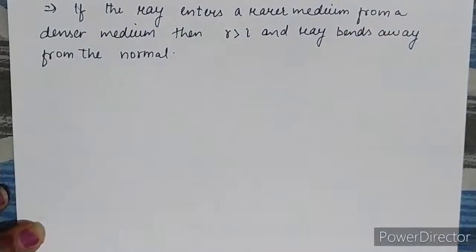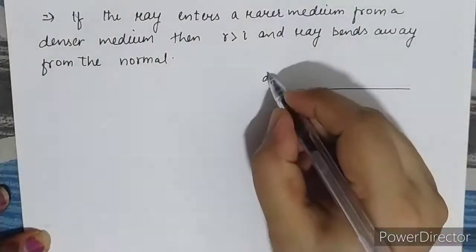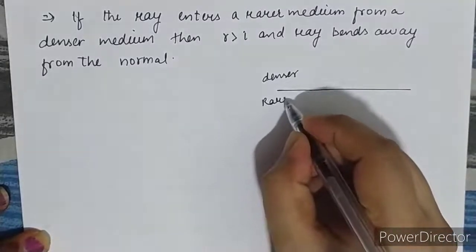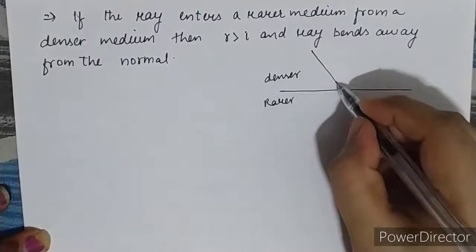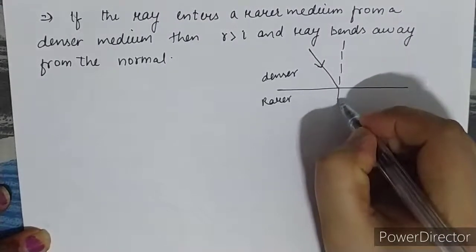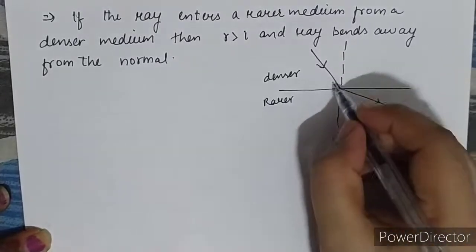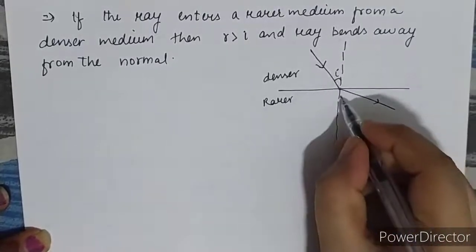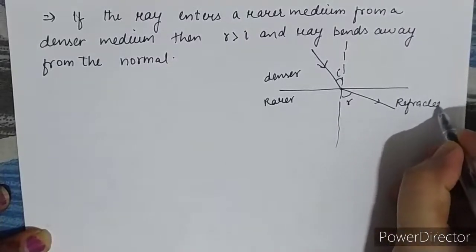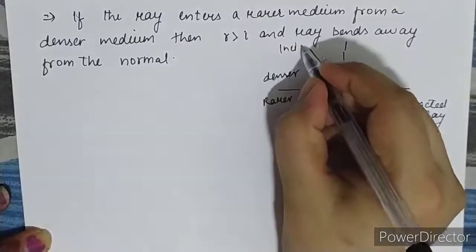Okay, so in this, what is there, beta? Suppose this is the denser medium and here is your rarer medium. Light ray is coming and here is the normal, so it will always be away from the normal. This is your angle I, this is the angle R, this one is your refracted ray and this one is your incident ray.